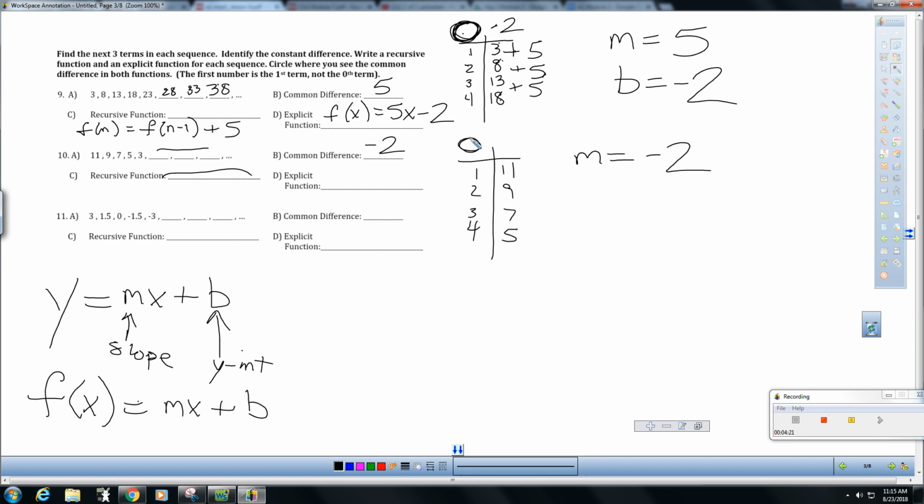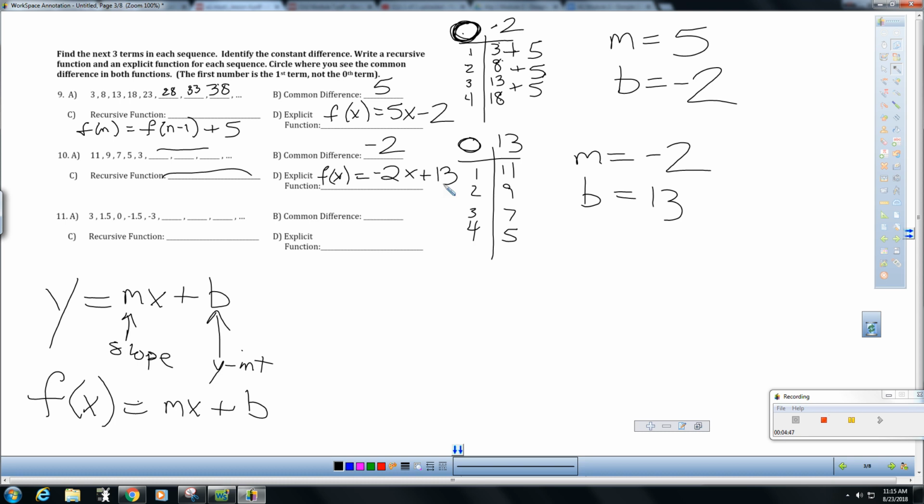So what will our y-intercept be? It will be 13. And then we can use those numbers to write the explicit function as f of x equals negative 2x plus 13. You're probably using n's, and that's totally fine.